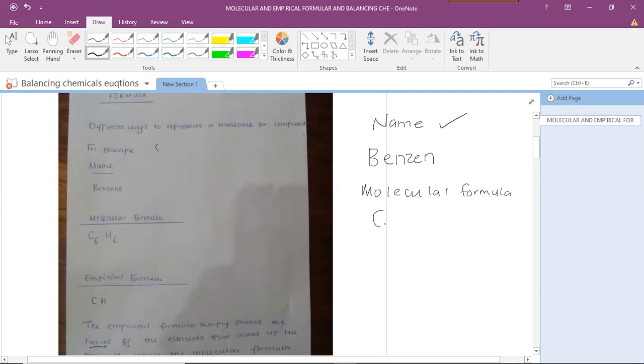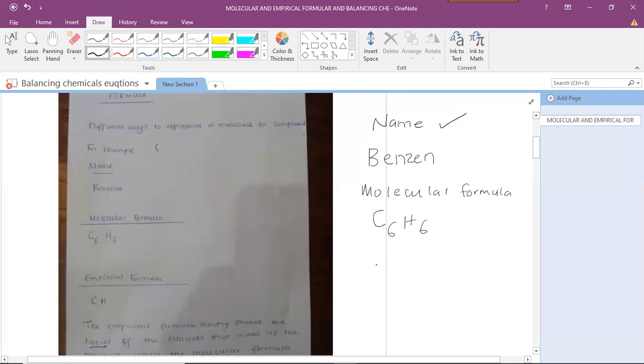So we can say benzene is C6H6. Every molecule of benzene is going to consist of 6 carbons to 6 hydrogens.